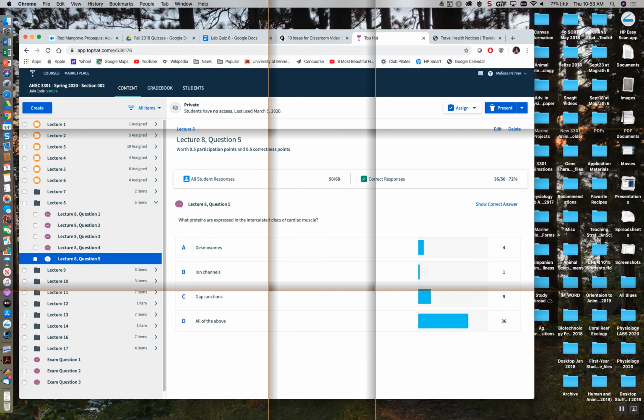Diastole is when the ventricles are relaxed. So again, it's specifically referring to the ventricles.